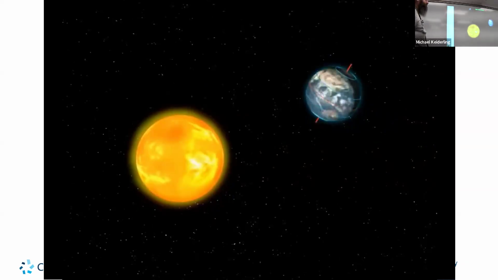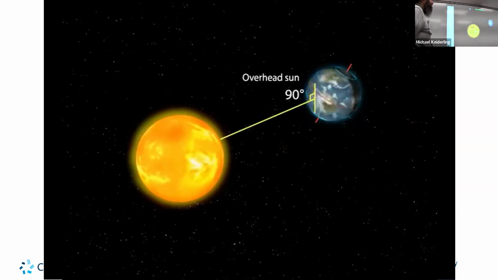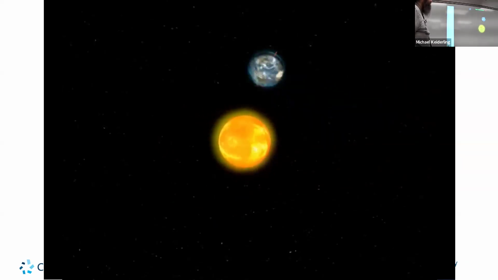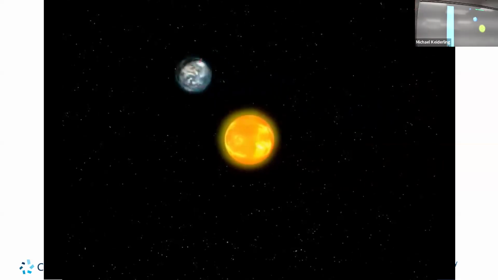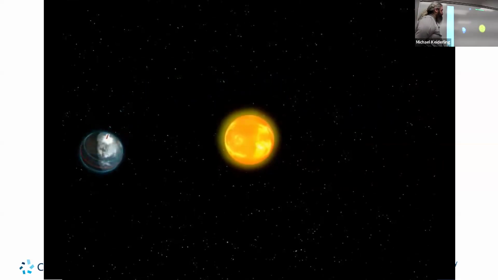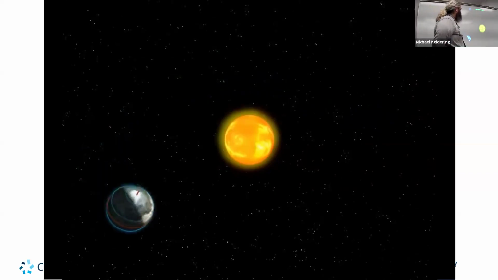At this time, the Earth's surface and the midday sun forms a 90-degree angle. Different locations of the overhead sun results in variations in the amount of solar radiation received in different areas and at different periods.